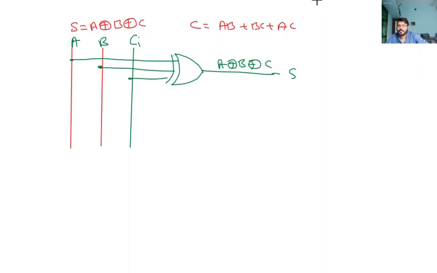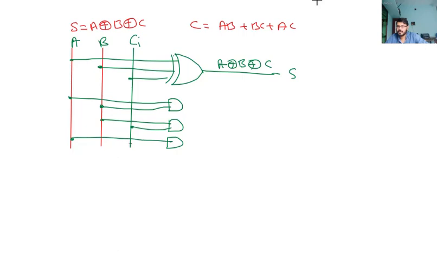Now what about carry? For carry you need three AND gates. So first AND gate, second AND gate, and third AND gate. Now for the first AND gate your connection will be from A and B. So AB. For the second term it is B and C. So B is to be taken, then C. Then for the third you have A and C as inputs.